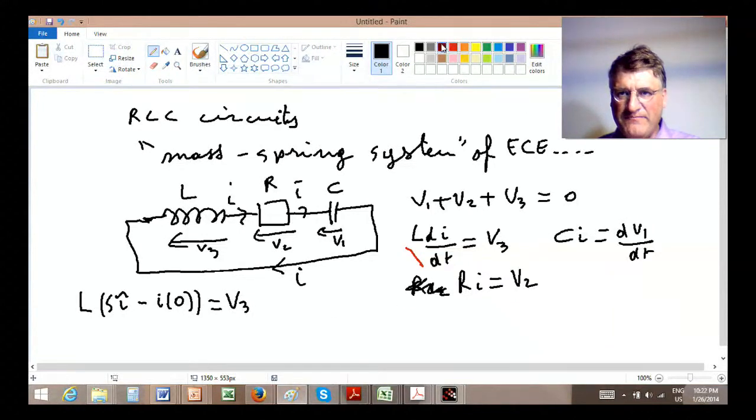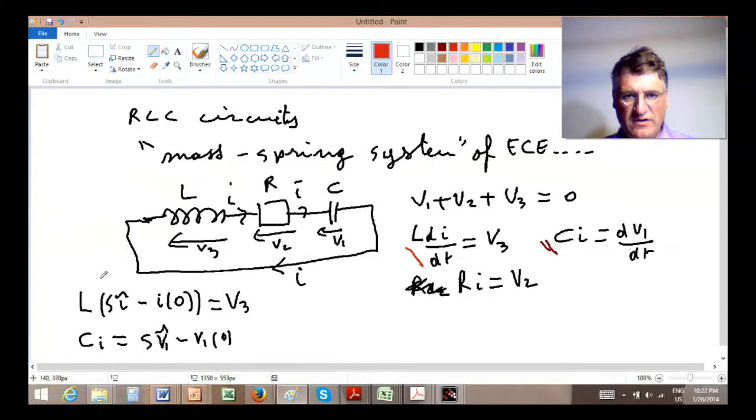This one will read C times I is equal to S times V1 hat minus V1 of 0.